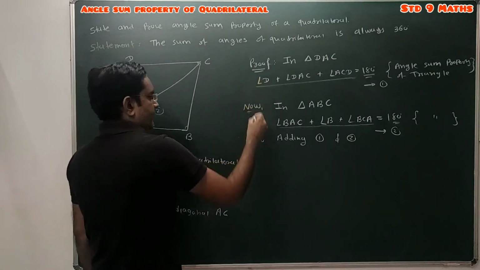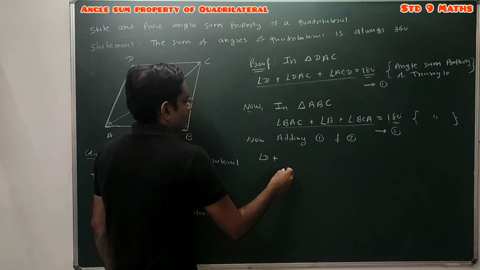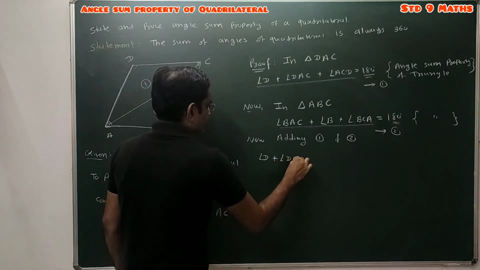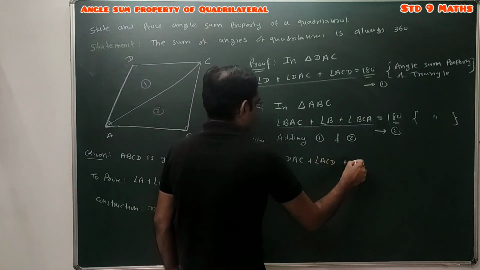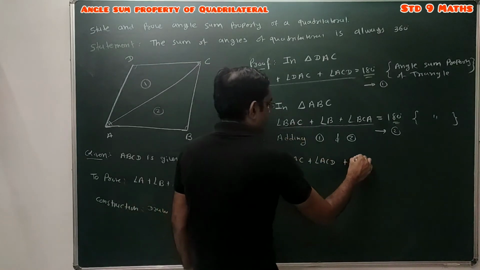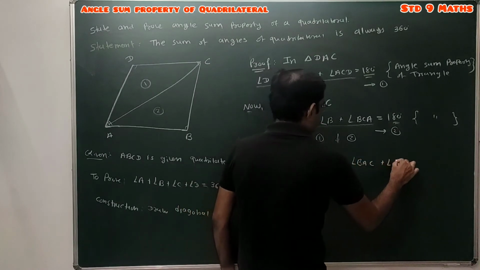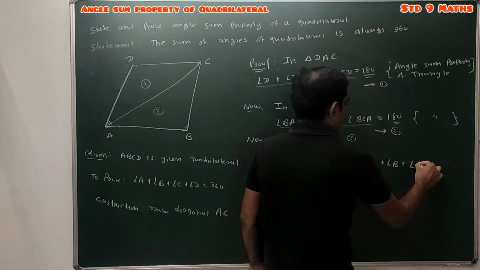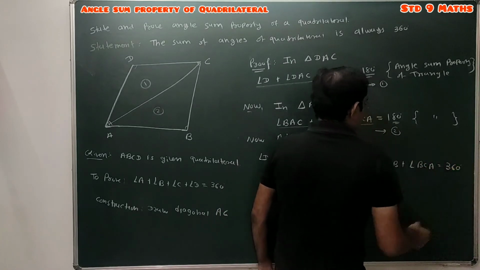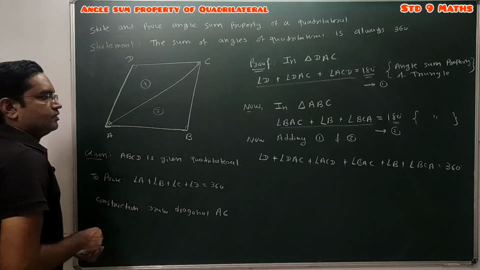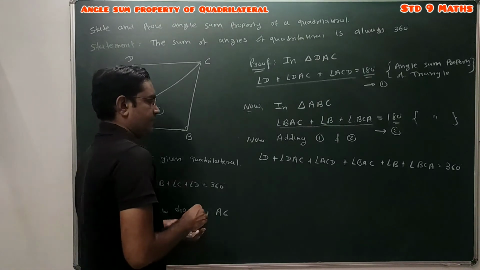So this is angle D plus angle DAC plus angle ACD plus angle BAC plus angle B plus angle BCA equal to 360 degree.